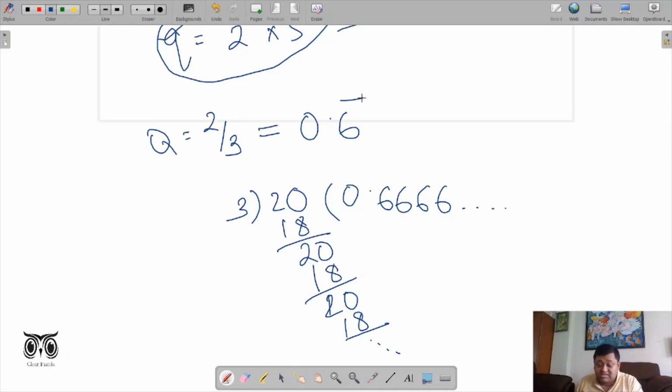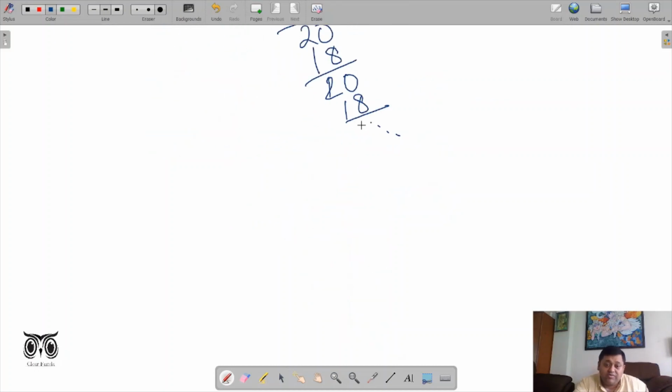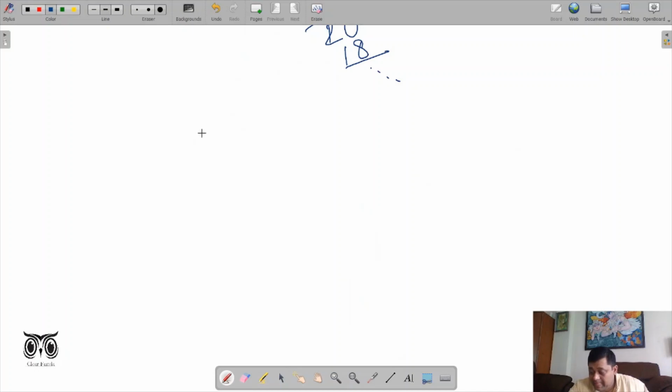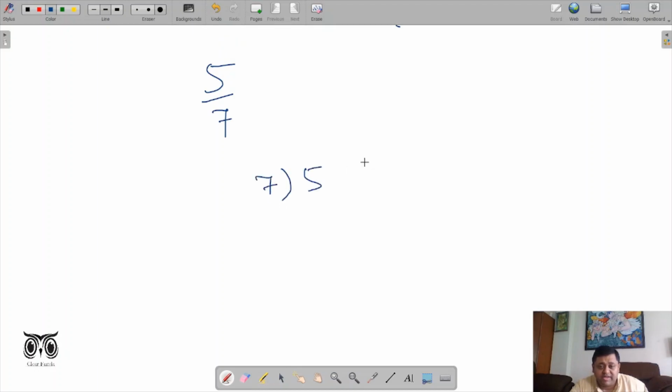Now it is not necessary that we will have only one number which is repeating. For example, if we take anything by 7, say for example, we divide 5 by 7. Let us see what comes out of 5 by 7. So we have 5 and we have 7 here.